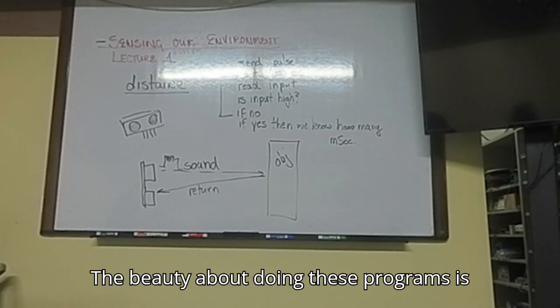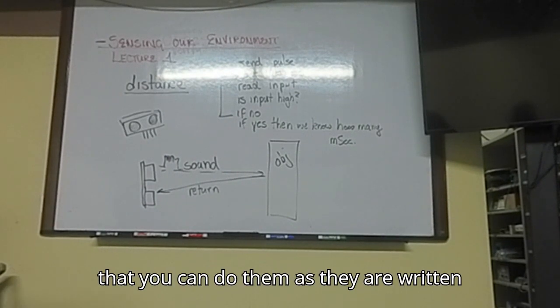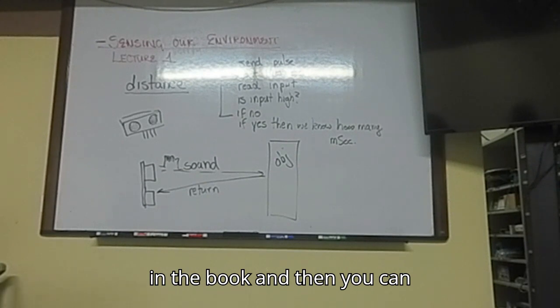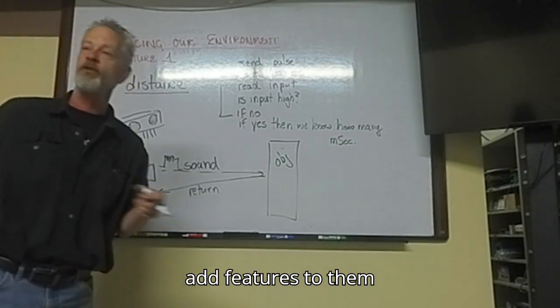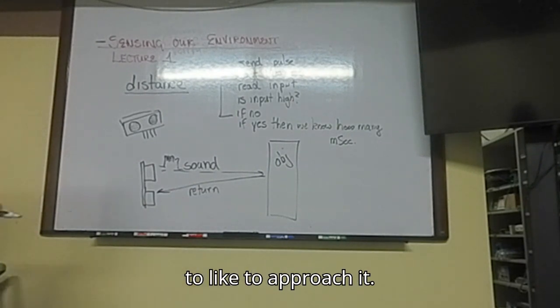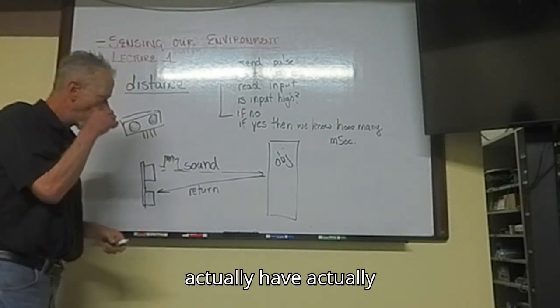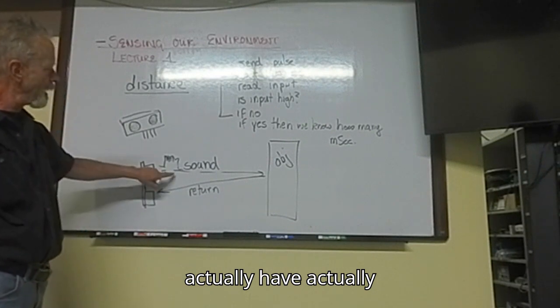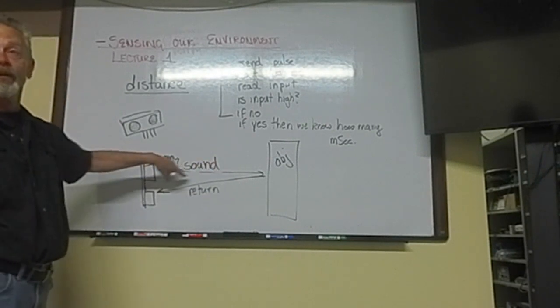The beauty about doing these programs is that you can do them as they are written in the book, and then you can add features to them later. That's the way I tend to like to approach it. I actually have this in my car.